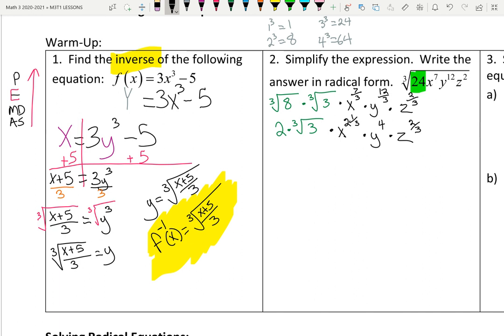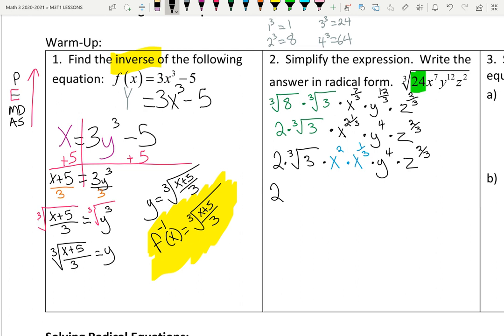Now I'm going to split up my x. It becomes 2 times the cube root of 3 times x squared times x to the 1/3 times y to the 4th times z to the 2/3. Now I'm going to organize things without a radical and things with.